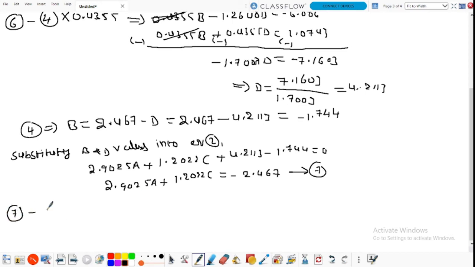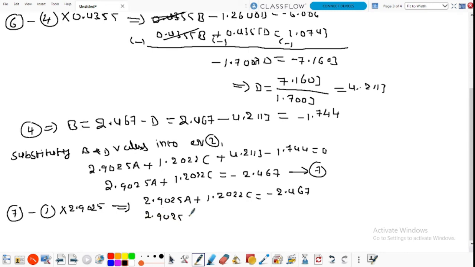Equation number 7 is 2.9025a plus 1.2022c is equal to minus 2.467, and multiplying equation number 1 with 2.9025 gives 2.9025a plus 2.9025c is equal to 0.